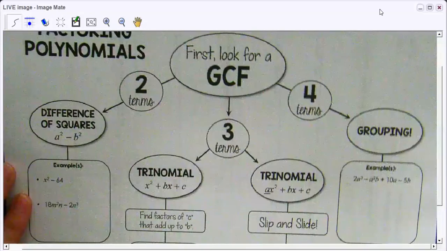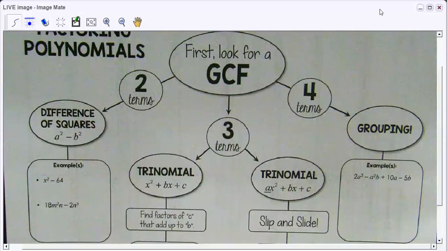Okay, notice at the very top, it says look for a GCF. That is the first thing that you want to do. And on the pre-test I gave you, there was one where all you could do was factor out a GCF, and then everything else was prime.